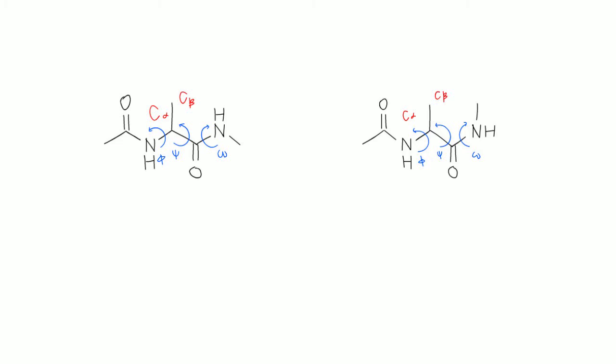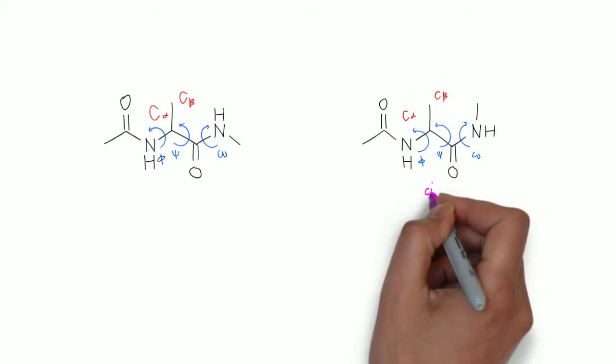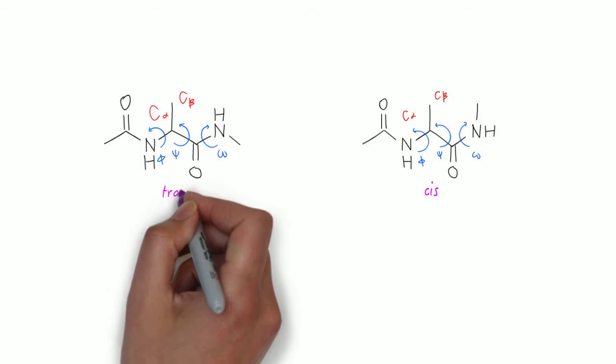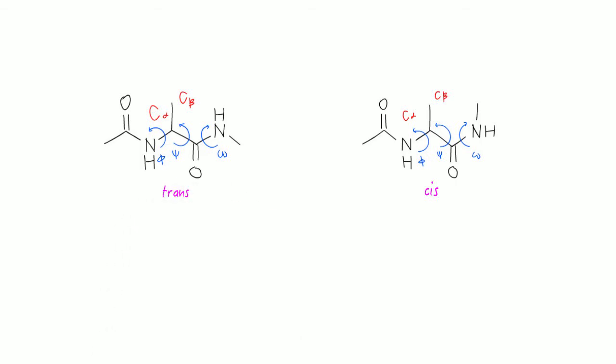But we know from resonance that amides are flat. So really, in peptides and proteins, the amide bond is constrained to be either cis or trans, and it's the trans form that's the most prevalent.